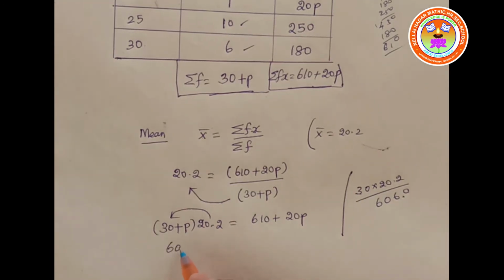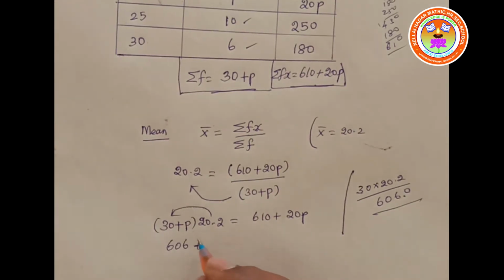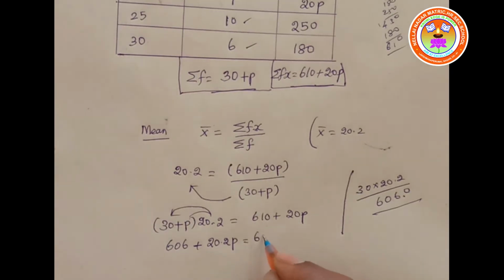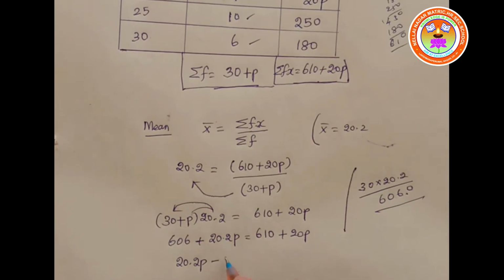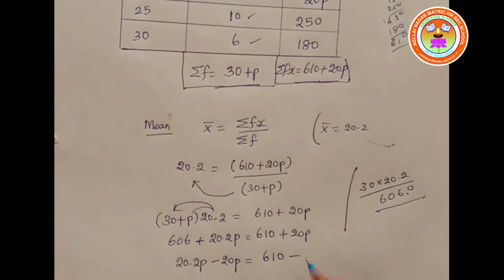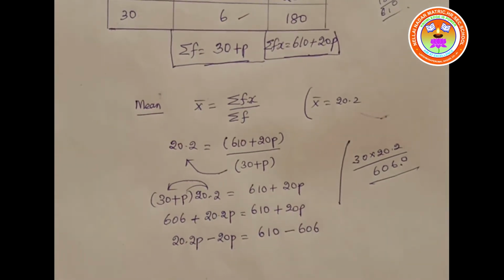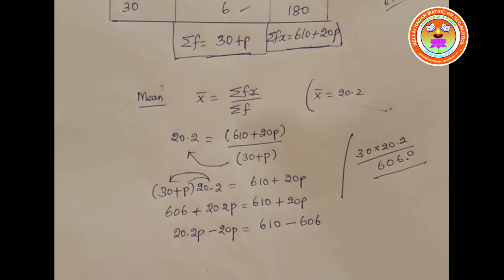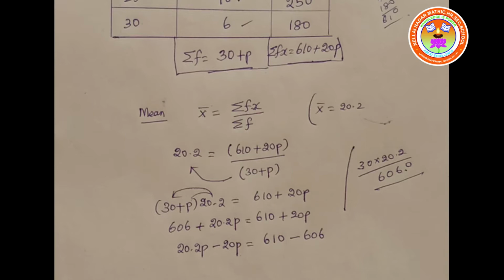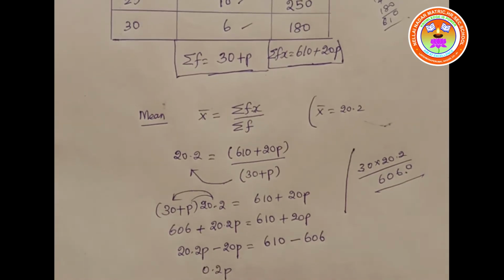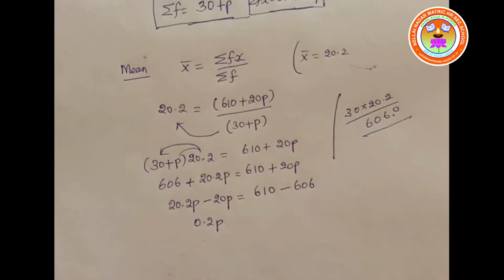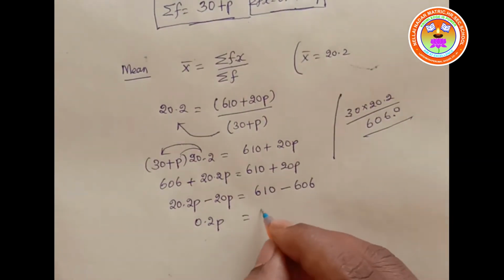So 606 plus P into 20.2 is 20.2P, that is equal to 610 plus 20P. 20.2P, you transfer plus 20P to the left side, it becomes minus 20P, and 610 plus 606, transfer to your right side, becomes minus 606. 20.2P minus 20P is 0.2P. 0.2P is equal to 610 minus 606, which is 4.